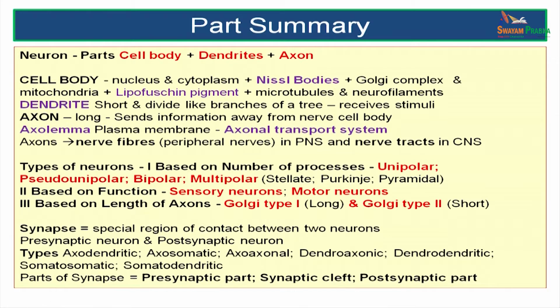Based on the length of axons, we classify them as Golgi type 1 or long and Golgi type 2 or short. We have also spoken about a synapse. What is a synapse? A junction between two nerve cells, and various types of synapses which we have commonly shown you: axoaxonic, axosomatic, axodendritic, and the structure of a synapse including the presynaptic part, the postsynaptic part and the synaptic cleft in between. Now let's proceed to the second part of the lecture.